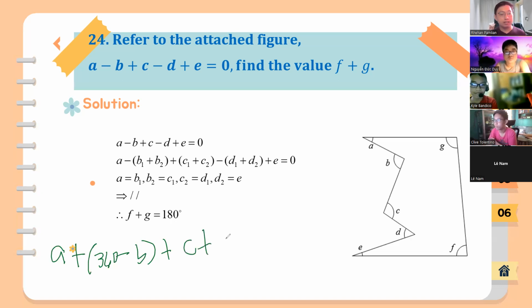Then I just have to calculate the sum of what usually would be the interior angles, sir. And the sum of all the interior angles is 360, right?